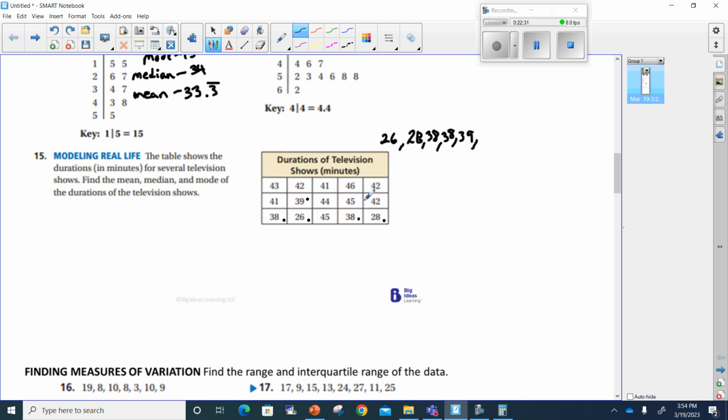All right, and next is 41. There's two of those. And then there'd be 1, 2, 3 42s.